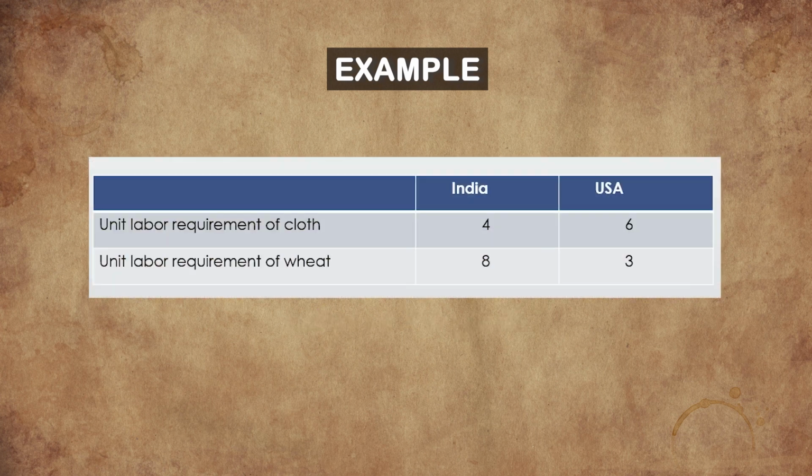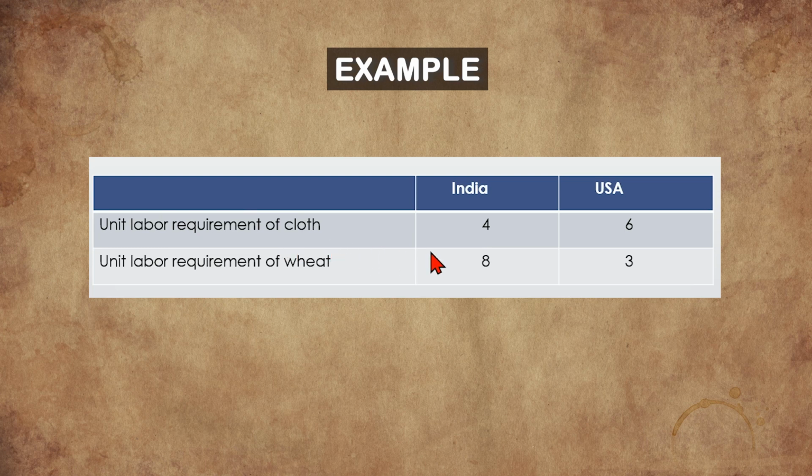Now, if you look at the table, what does this table give you? This table gives us the unit labor requirement to produce two goods. This column is for India, this column is for USA. Now, what does 4 stand for? Let us see what is written here on the left side. Unit labor requirement of cloth.